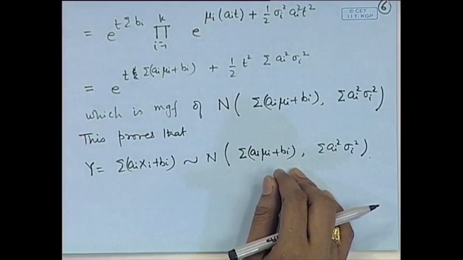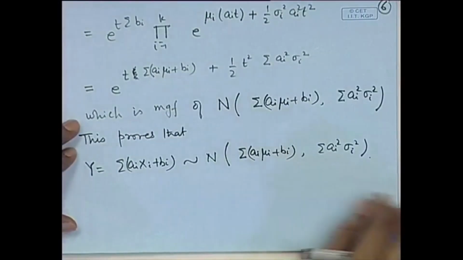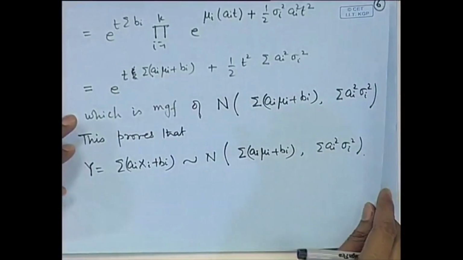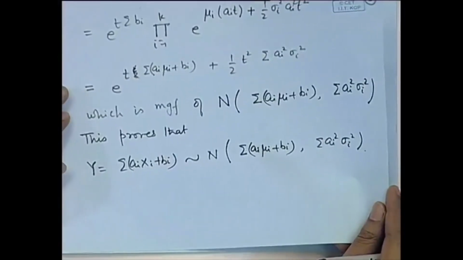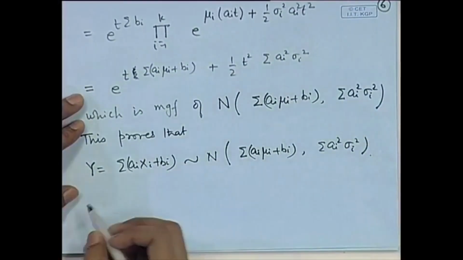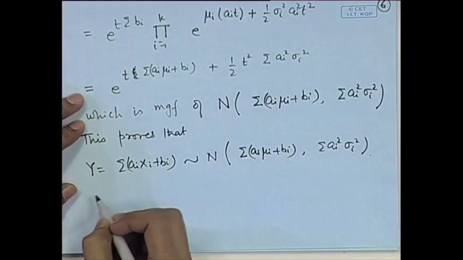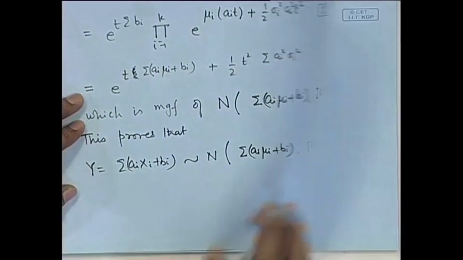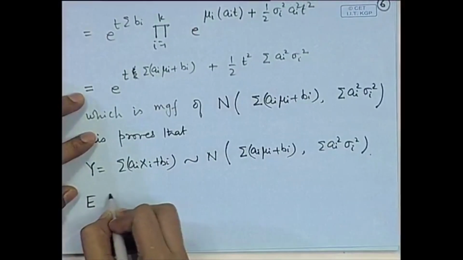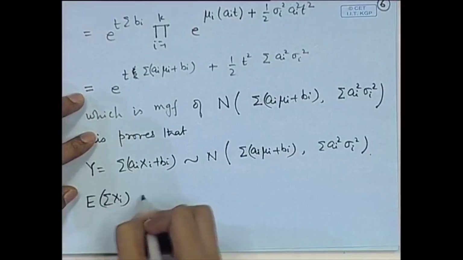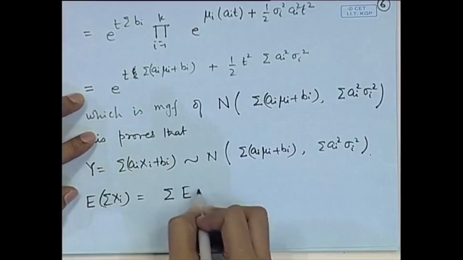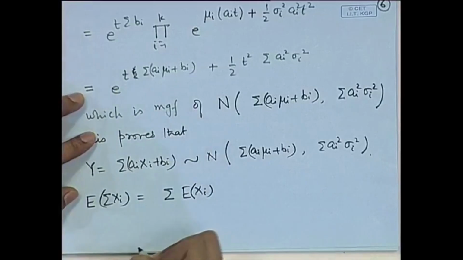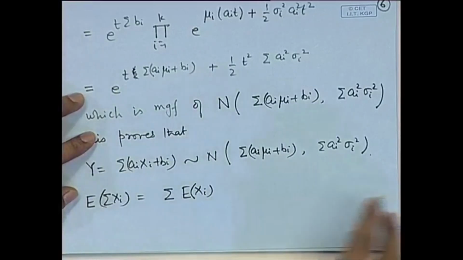There are certain results which are related to the calculation of the moments of sums, variances of the sums, etcetera. So, these I will state here. For example, expectation of sigma x_i is equal to sigma expectation of x_i.